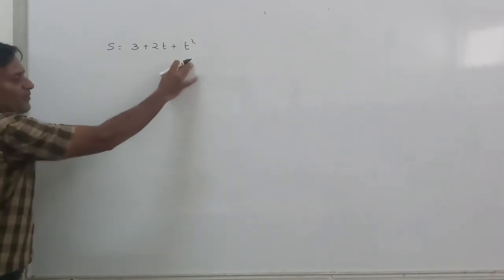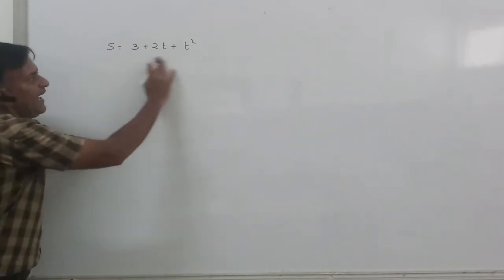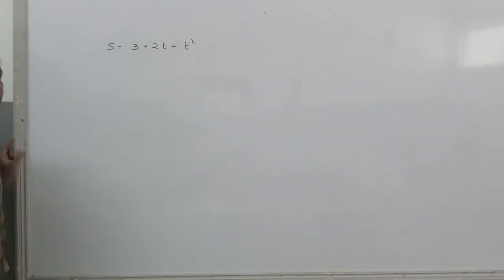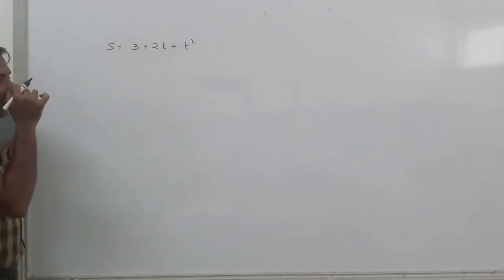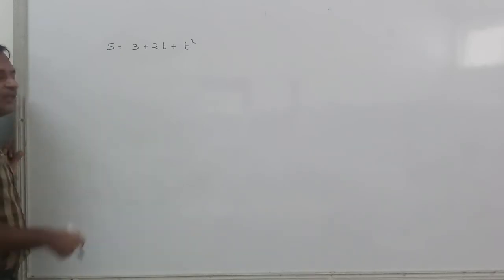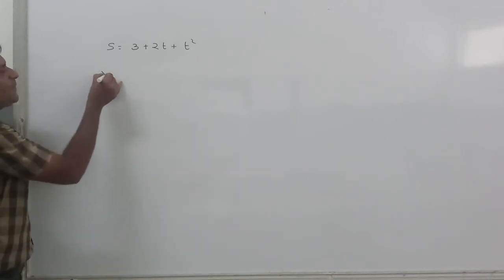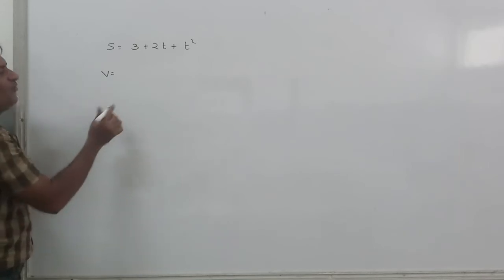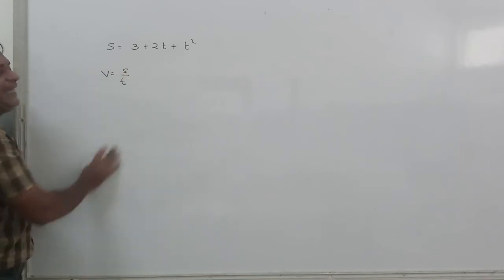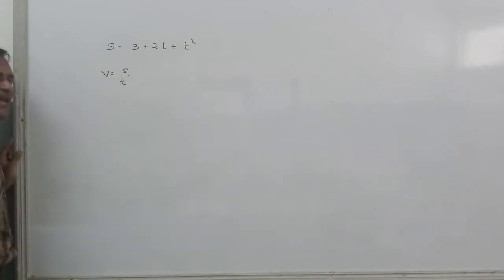Distance covered by the object depends on time, and this is that equation. And now I am finding two things from this: one is the speed and the other is acceleration. How do I find speed? Basically the formula to find speed is s by t, distance by time.